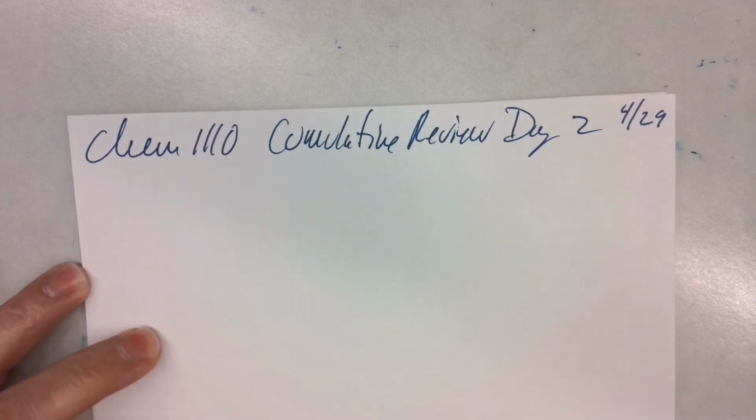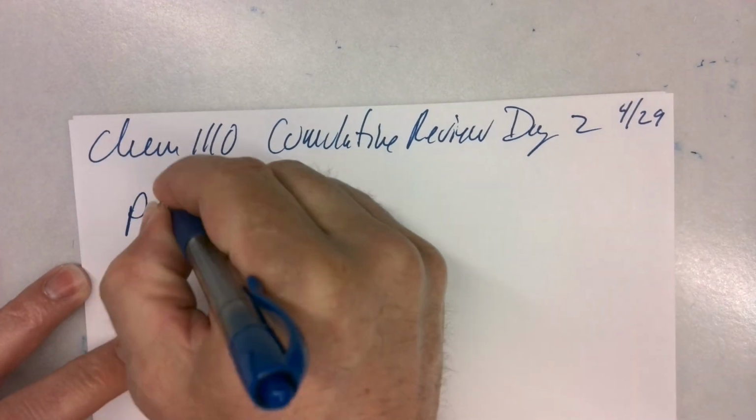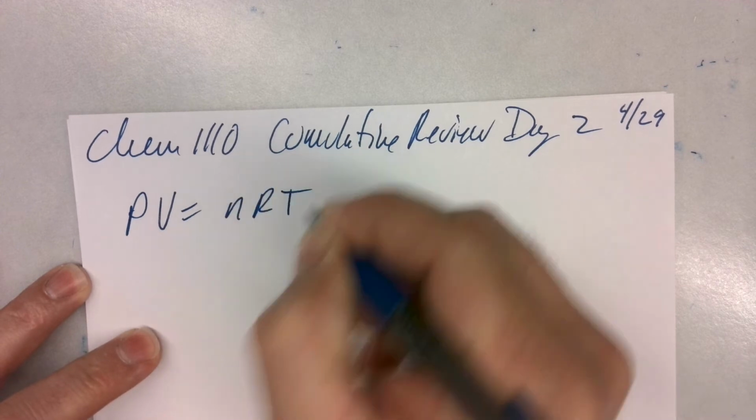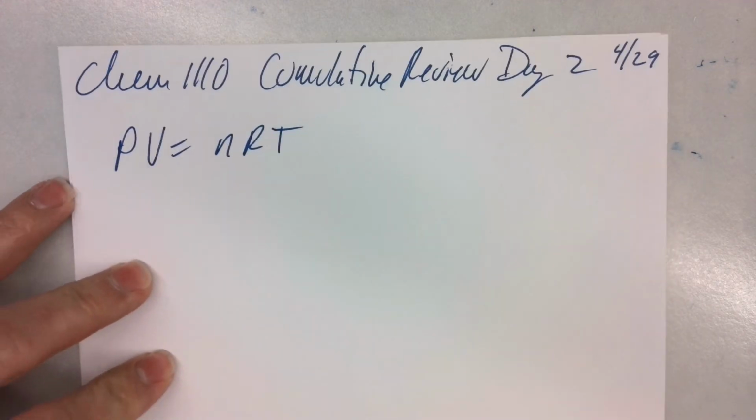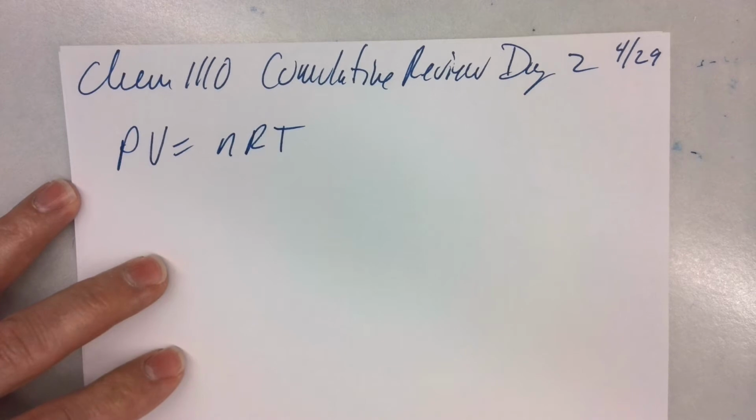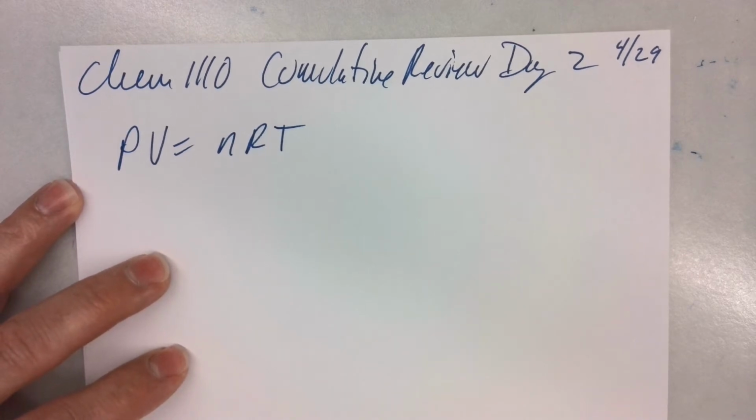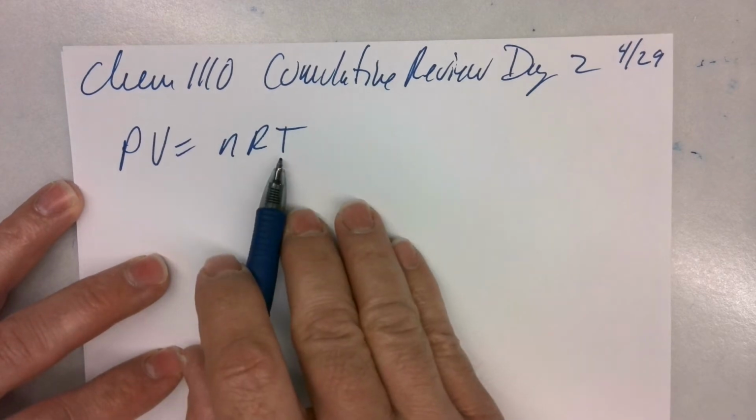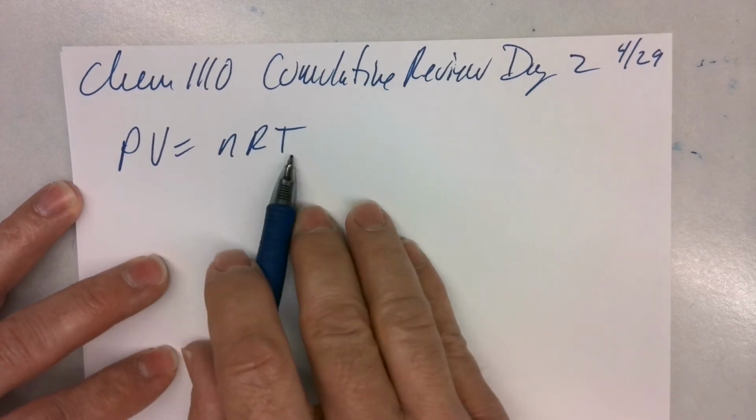And the next question is this. PV equals nRT. Anybody remember what that was? Pressure times volume equals some K value times temperature.